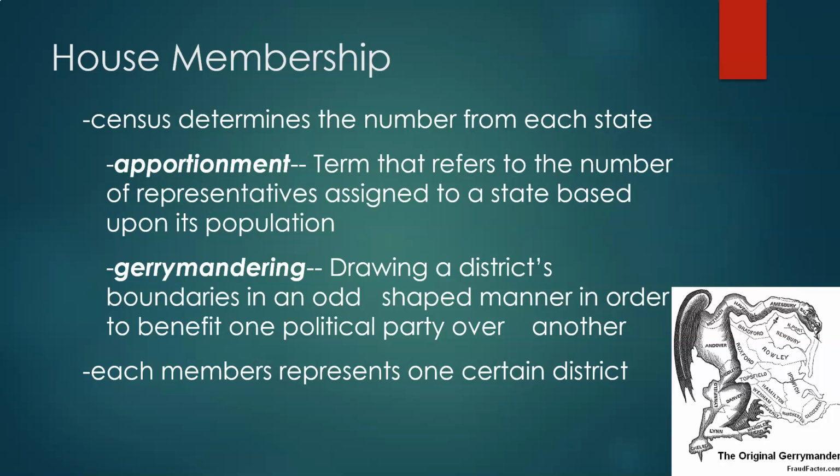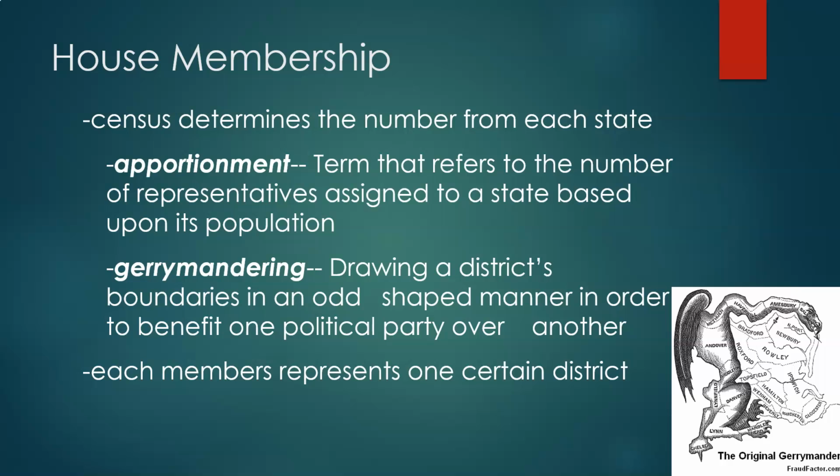Or if it's drawn this way, they'll get more Democrat votes. Okay, so that's what gerrymandering does, it gets one political party in over another, okay? But each member represents one certain district. So if you look in this view, we have on the right, the original gerrymandering, imagine that all those places you see are counties.